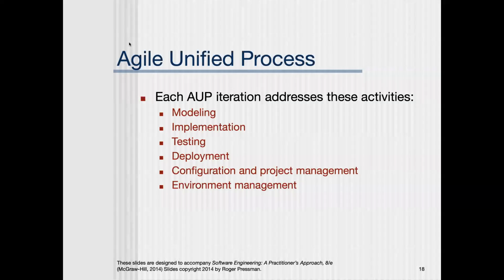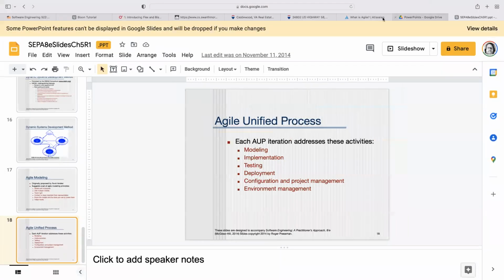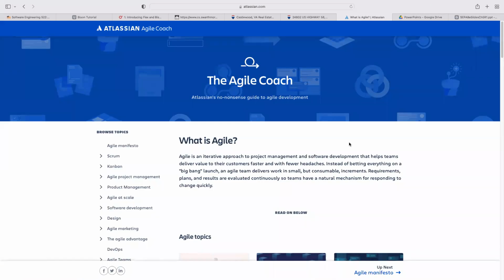Okay, I did want to show you one other source that we will talk about in class. This website is Atlassian, a company that has become really involved in this whole Agile software development.